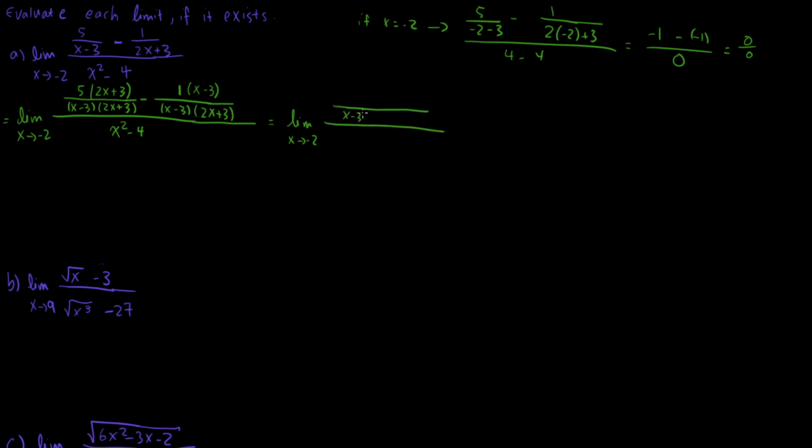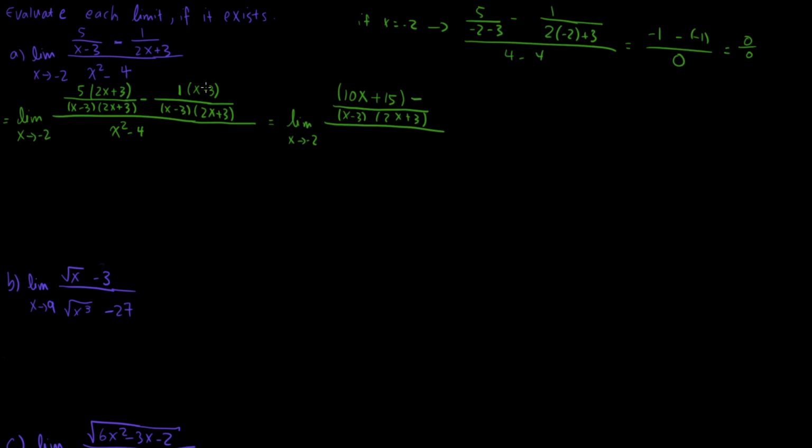It would be x minus 3 times 2x plus 3 as the denominator. And up top you'll have, I'll try to open this at the same time just to not have to write a lot. So it would be 5 times 2x, I'm foiling this. So 5 times 2x, which is 10x. And then 5 times 3, which is 15. That's the first one.